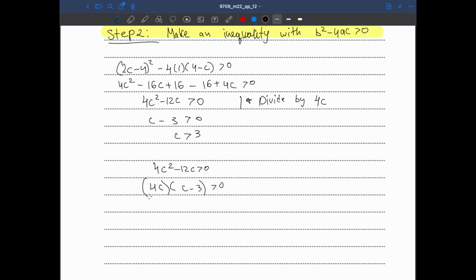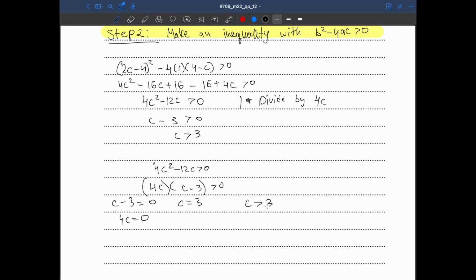And we should actually remember that we have the 4c. So basically we are equating the bracket to 0. So we're doing c minus 3 equals 0, and then we're doing 4c equals 0. And then we're getting c equals 3 here, so we're saying c should be greater than 3.